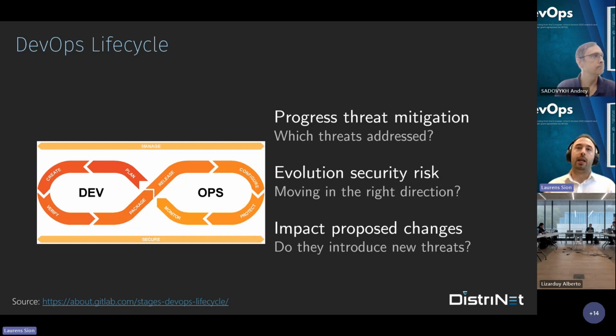But also, what is the impact of proposed changes? Of course, there may be several features that are being developed in parallel, and what would the impact be of integrating those changes into your project? Do they introduce some important new threats, for example? So these are all very relevant questions that we want to be able to answer in such a context.